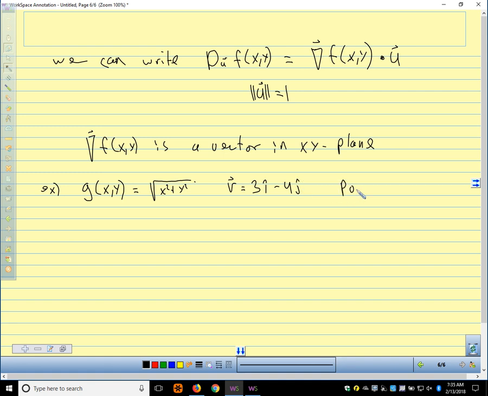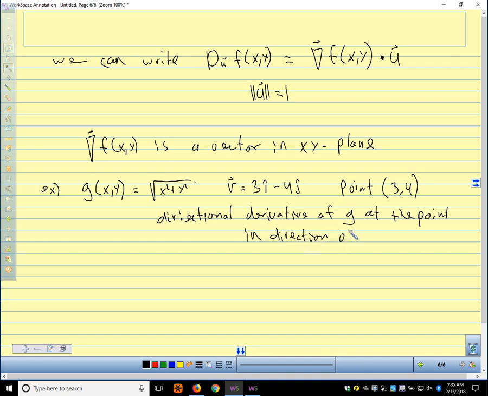And our point is 3, 4. We want the directional derivative of g at the point in the direction of v.